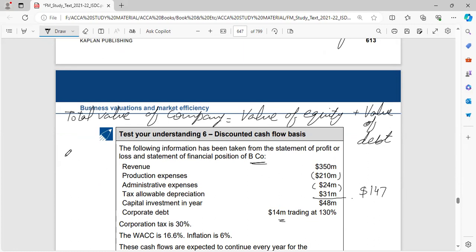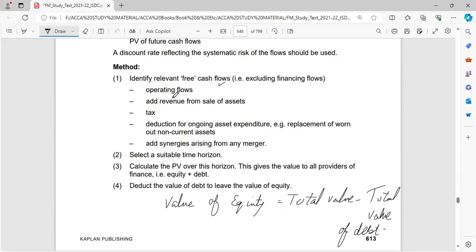So if I calculate profit before interest and tax, I would say 350 minus 210 minus 24, 116 million profit before interest and tax, PBIT, which is called operating cash flows.